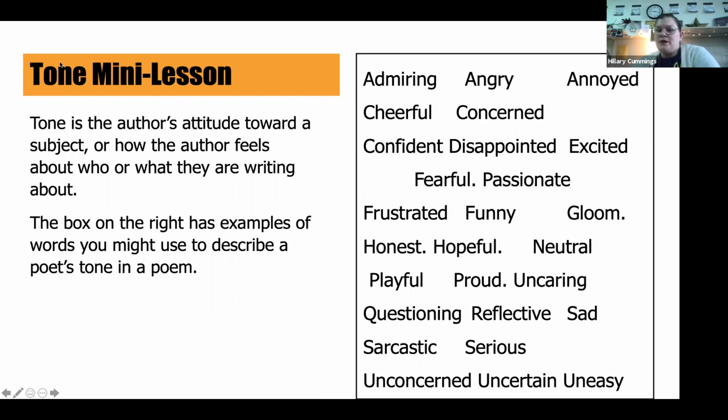So we've got admiring, angry, annoyed, cheerful, concerned, confident, disappointed, excited, fearful, passionate, frustrated, funny, gloom, honest, hopeful, or neutral, playful or proud, uncaring, questioning, reflective, sad, sarcastic, serious, unconcerned, uncertain, or uneasy.